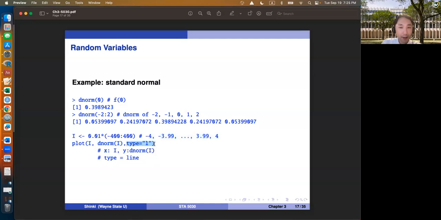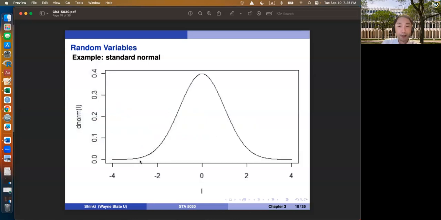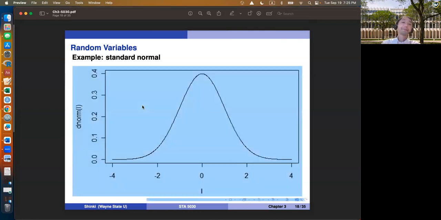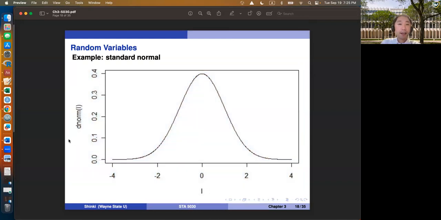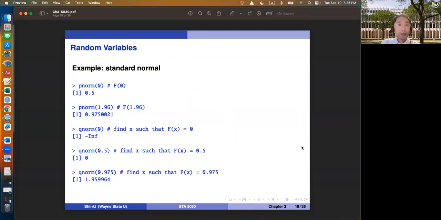Then you can make a line graph of this. It almost looks like a smooth curve, but I connected basically 801 points from -4, -3.99 up to 4.00. So here is x, and this is the dnorm of x. So this is the density function.